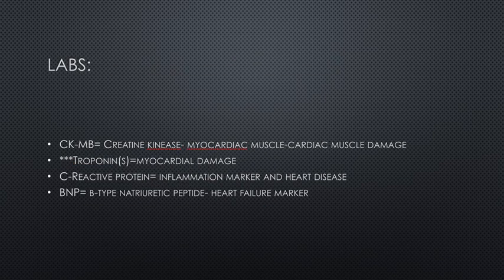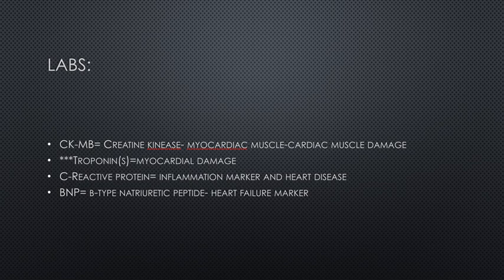Okay, so some priority labs that should be at the forefront of your mind. CK-MB. That one will help us know if there is cardiac muscle damage, but it's not as good as a troponin. A troponin is very specific to myocardial damage alone.